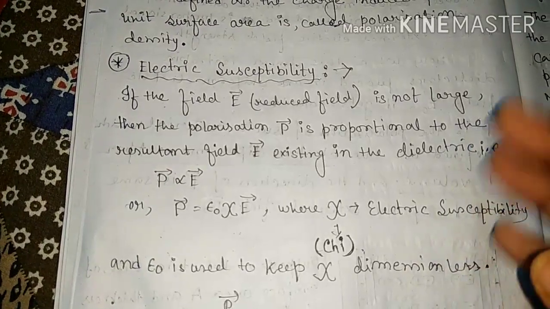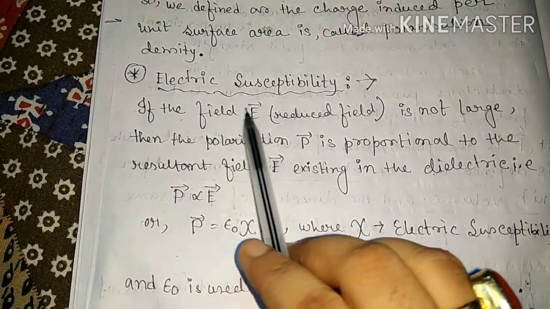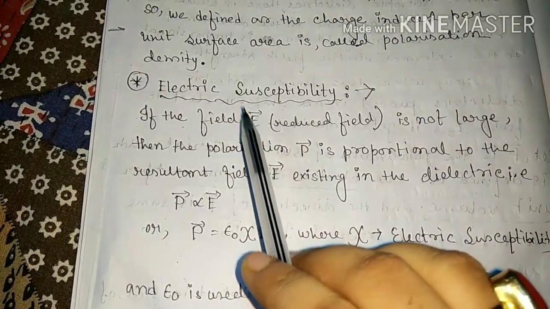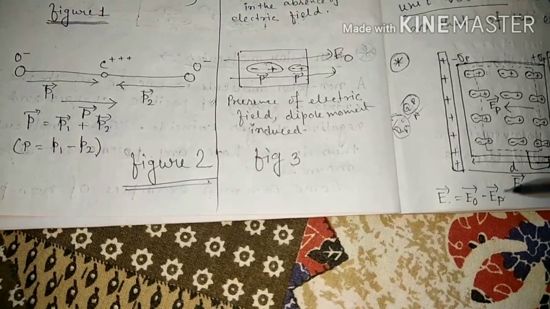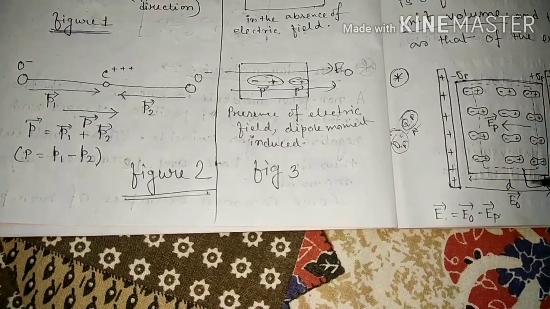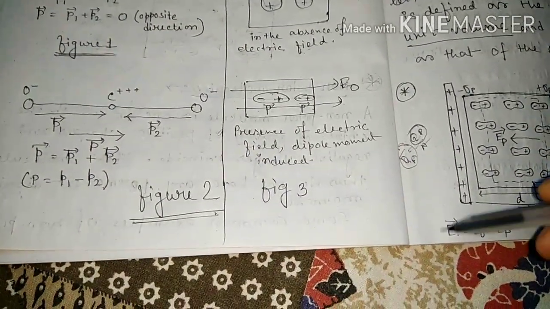So how do we define this? As we know, the reduced electric field E equals E naught minus EP. If E naught and EP are not so large, then this E is also very small.